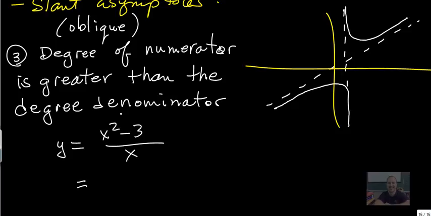Up until this point, you guys have been taught to notice that this is not a difference of squares, because this is a perfect square, but 3 is not a perfect square. Well, now that you're entering the calculus world, let me back up.